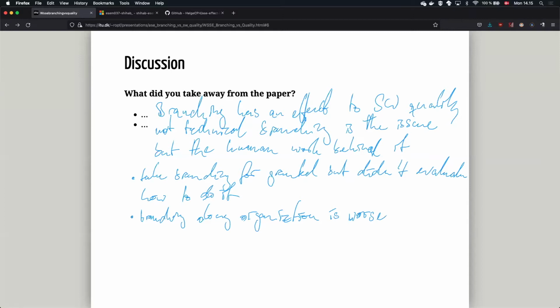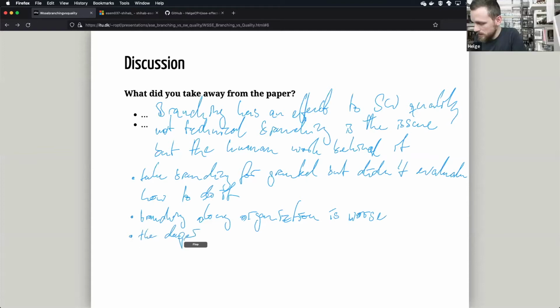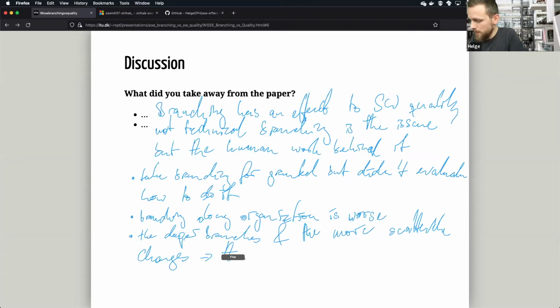There is a lot of trouble with merging, and scattering is bad. The deeper the branches, and the more scattered the changes, the worse. Cool. Thank you very much.